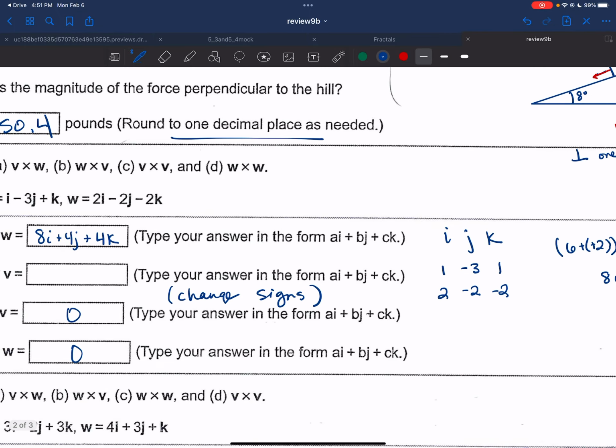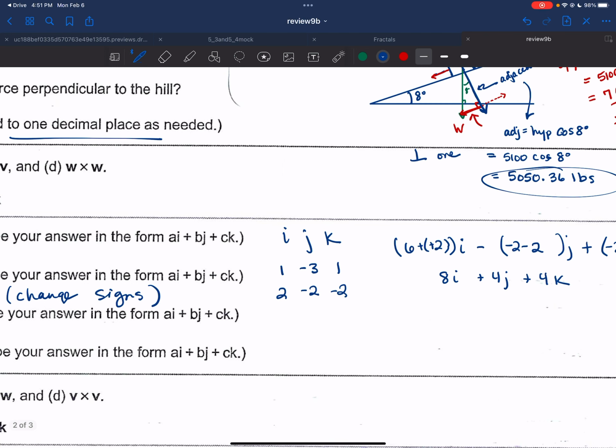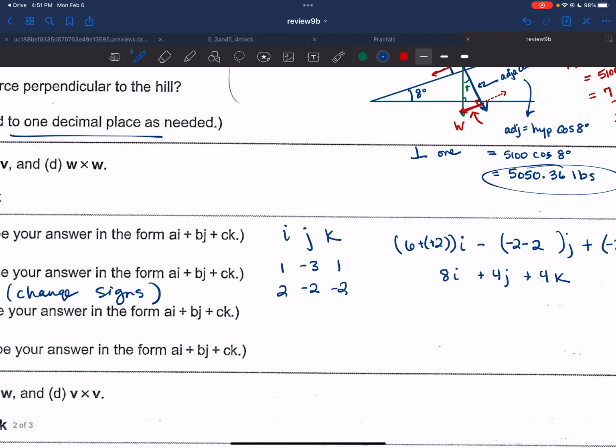W cross V. Now, if we are doing these backwards, that means that these two lines are going to end up switching value. And so you're going to end up having -6 minus 2, and that'll give you a -8i.